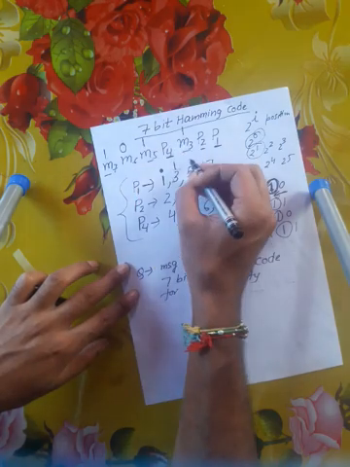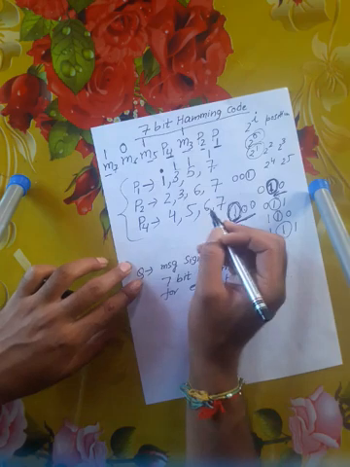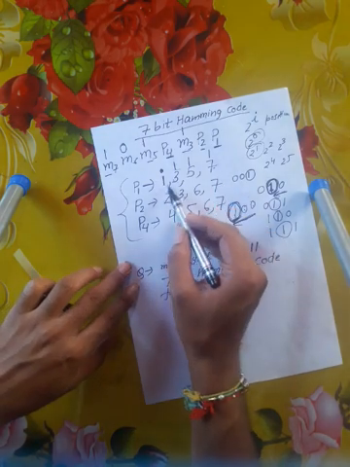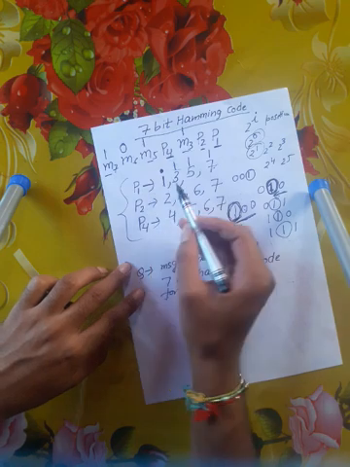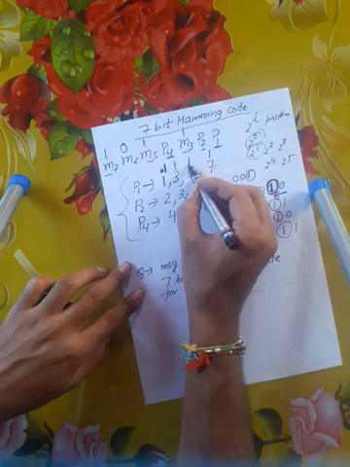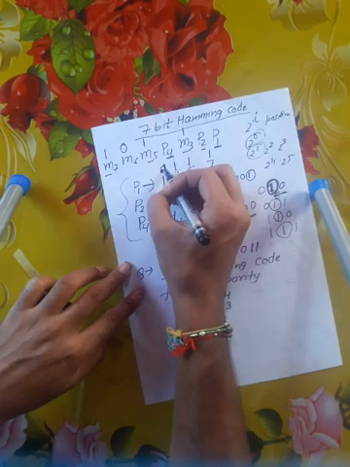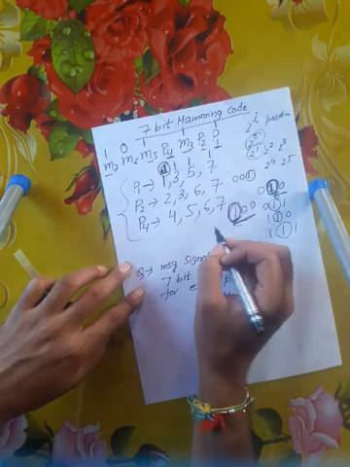What is the value at 5? 1. What is the value at 7? 1. For even parity, what should be the value of P1? It must be 1. Why? Because you have to make it even. So this value will be 1.